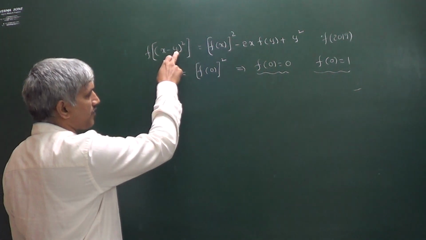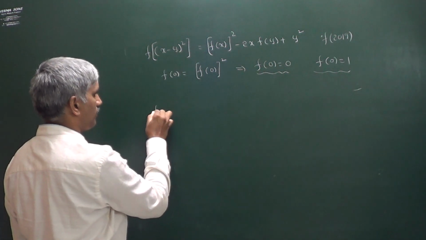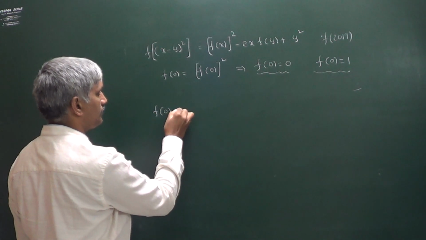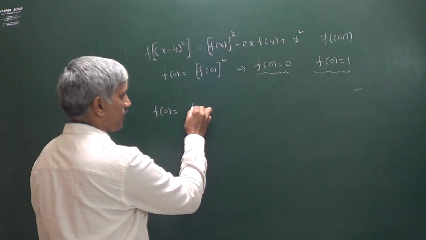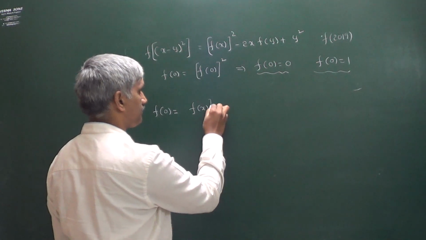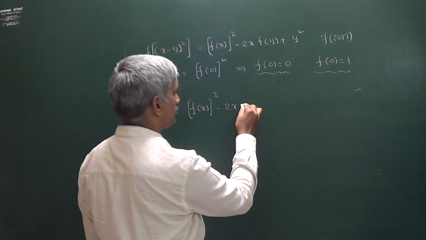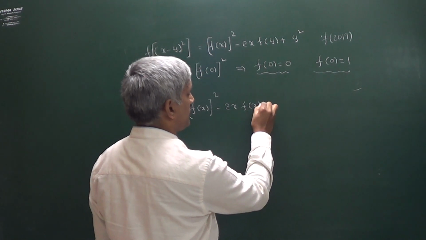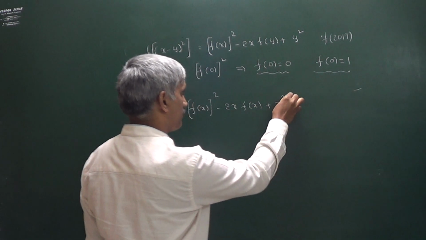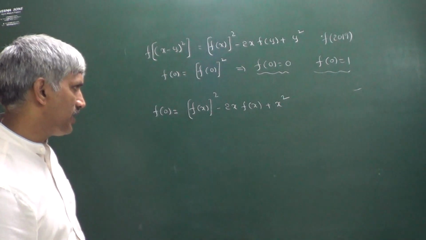In place of y I am writing x. f of 0 is equal to f of x whole square minus 2x into f of x plus x square. Wherever y is there, in place of y I wrote x.